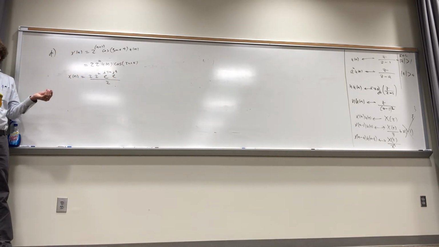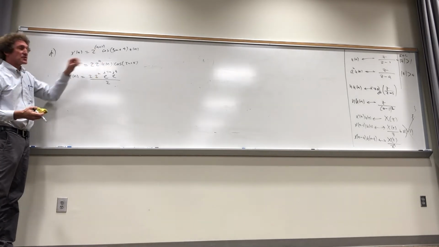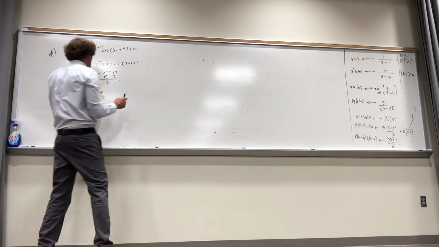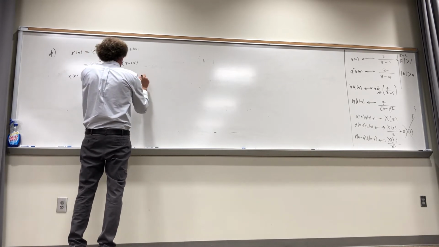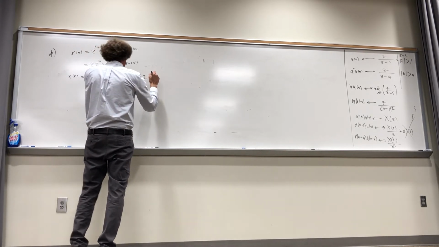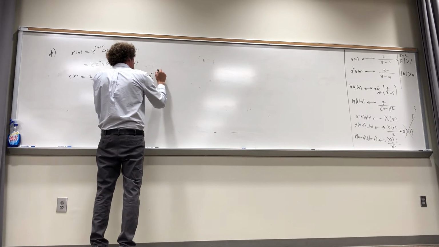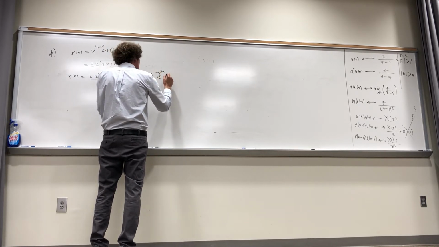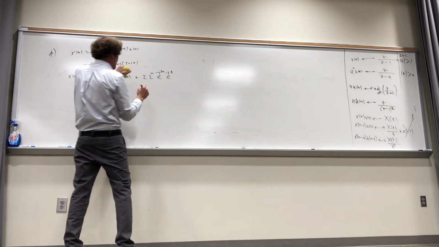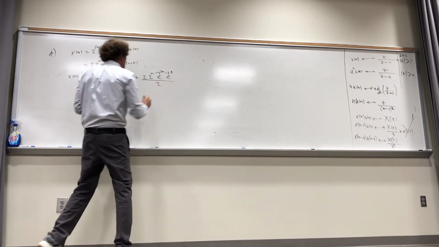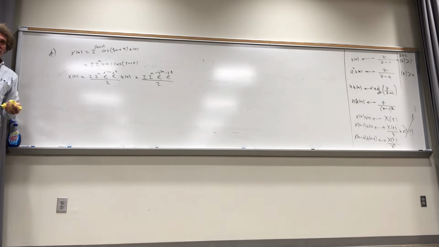It's e to the j theta divided by 2 plus e to the minus j theta divided by 2, correct, class? And I just multiplied it by the 2 times 2 to the n u of n. So there's going to be a u of n here, plus 2 times 2 to the n times e to the minus j 3n times e to the minus j 4, divided by 2. Can everybody follow? How many see what I've done there with Euler's identity?